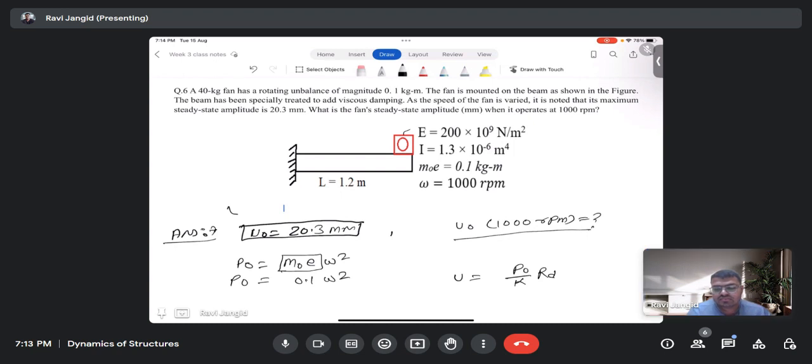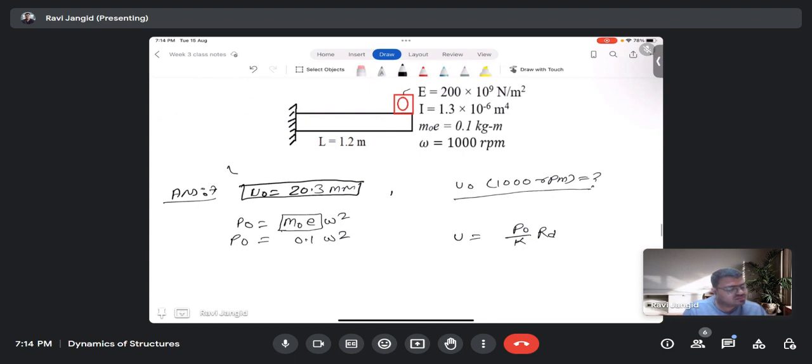We have the formula u naught equal to m e by m into omega by omega n whole square divided into RD. So you are saying u naught is equal to P naught by K into RD, where P naught is m naught e into omega square, and K is m omega n square.